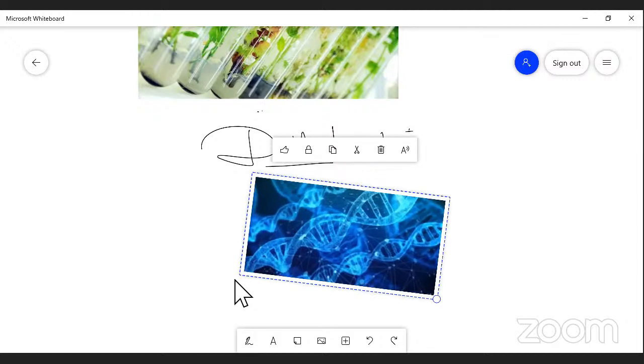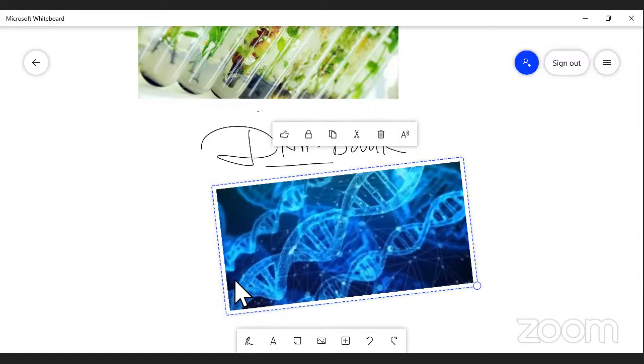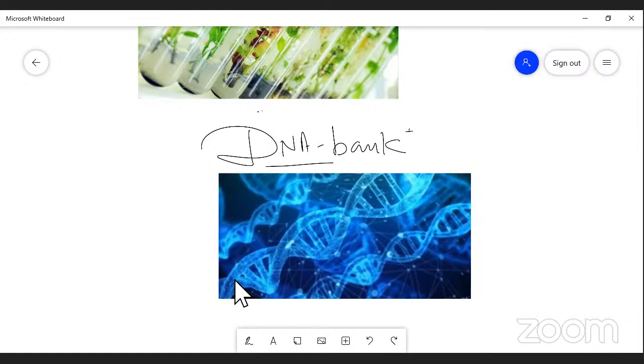The total character of a plant is determined by DNA, right? If you take a groundnut, which is able to produce crops under the soil, this character is determined by DNA, because DNA is a genetic material.